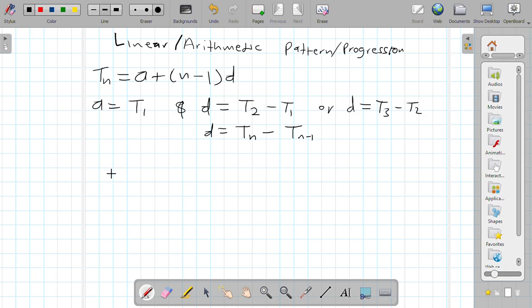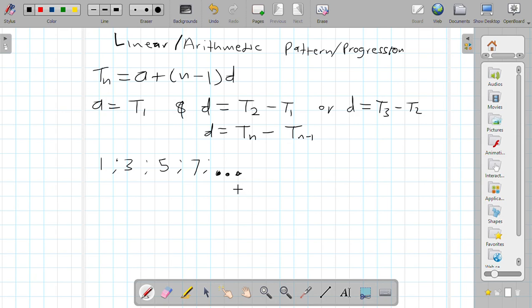I'm thinking I should make an example so that you can see how we can apply all this. Let's say we have a pattern which is 1, 3, 5, 7, and all the way.